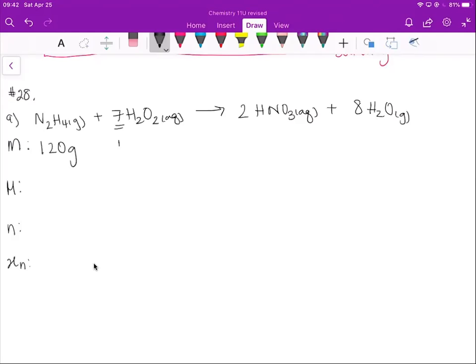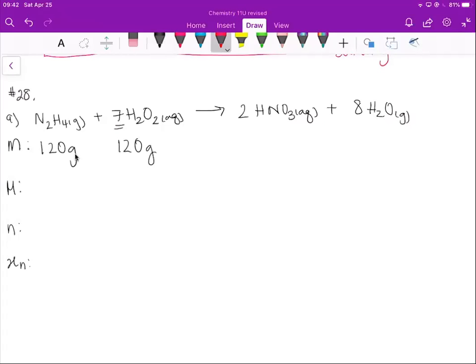So when I have equal amounts of 120 grams, I don't care that it is equal mass. Because the ratio is 1:7, it's probably going to be hydrogen peroxide. Let me just do a check to make sure that it's recording my screen. Yeah, good. So now, of course, let me change the color. Let's do red this time.